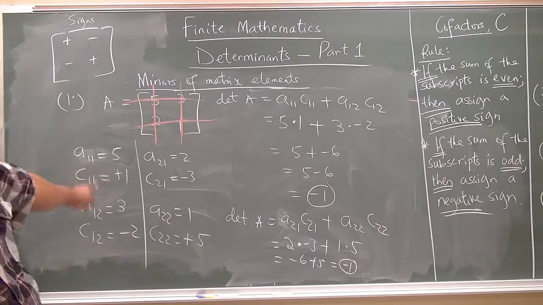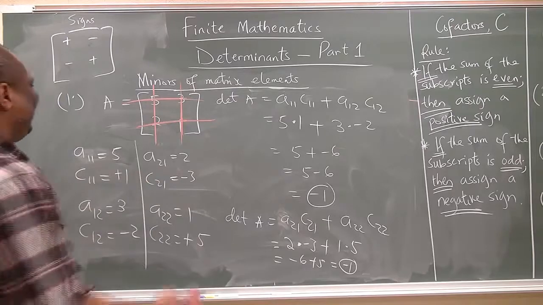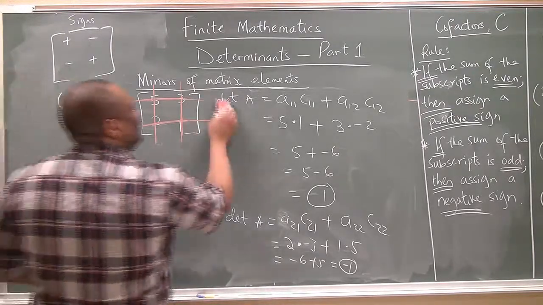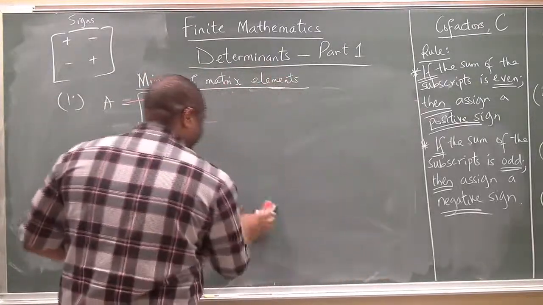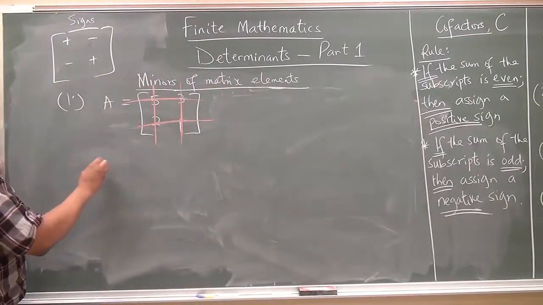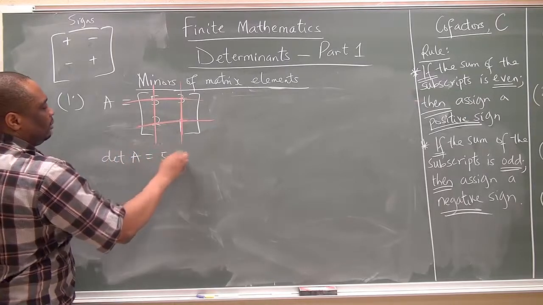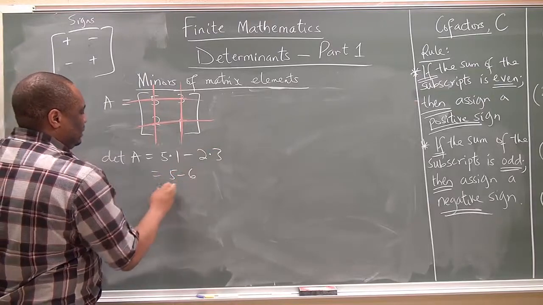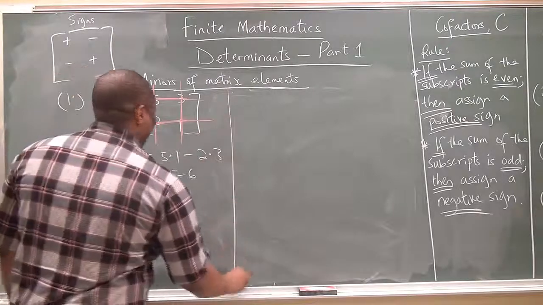Okay, saves you time writing all these out. But that is actually doing it from the definition. And when we do a 3 by 3 matrix, we are going to do it from the definition. We are not going to run away from it. So we can say that the determinant of A is just 5 times 1 minus 2 times 3, so 5 minus 6, minus 1. Easy, right? Okay.